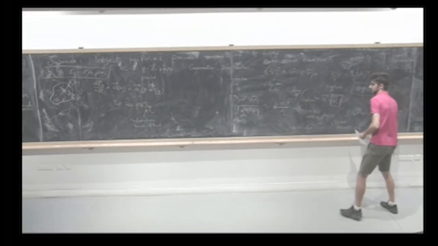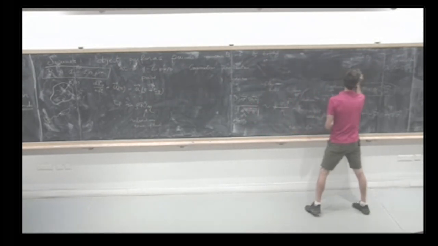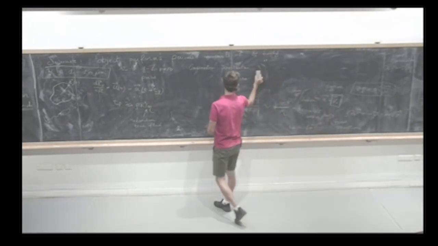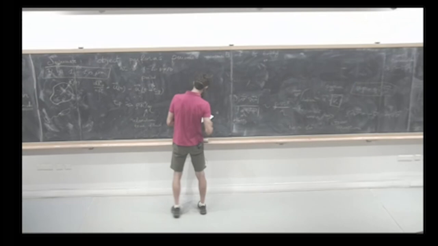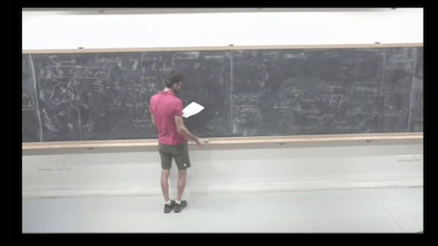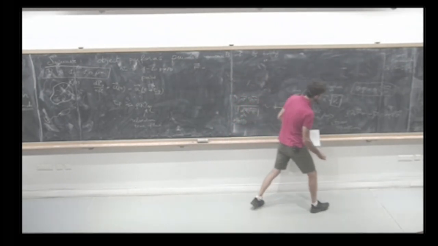So what does it mean? It means that we just have to calculate the force. What is the force on the particle? Well, the term that I just deleted, no, it's here.